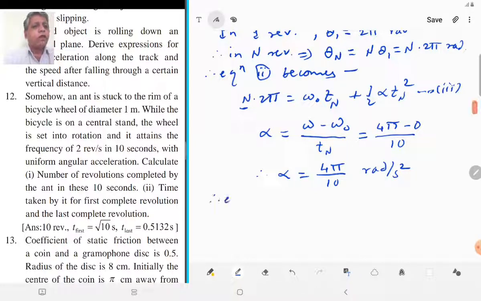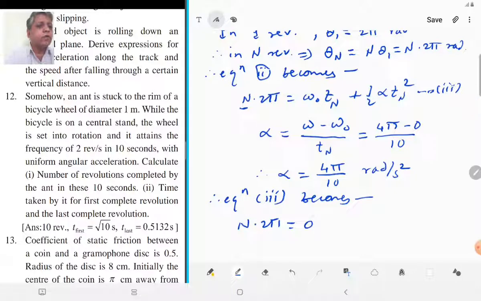Therefore equation 3 becomes n into twice pi is equal to 0 into Tn, Tn is 10, that is 0 into 10, plus half into 4 pi upon 10, since the value of alpha is 4 pi upon 10, into Tn square, that is 10 square.